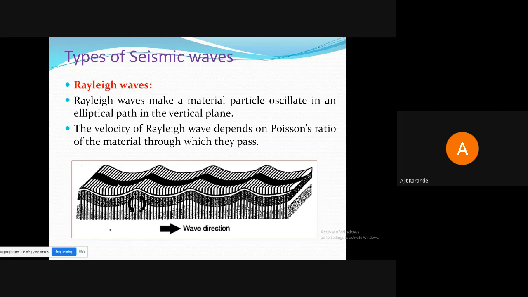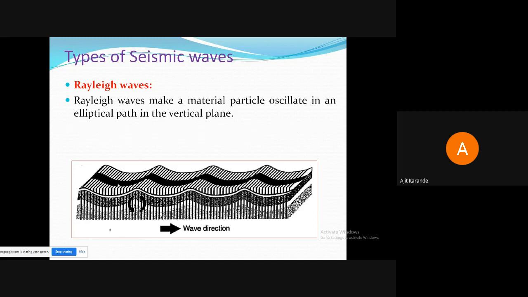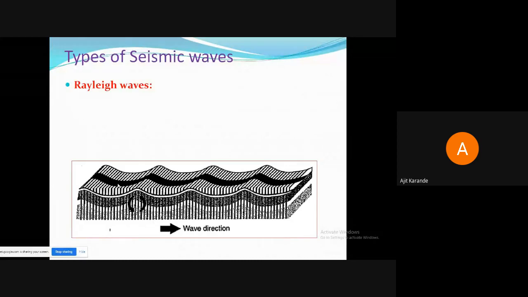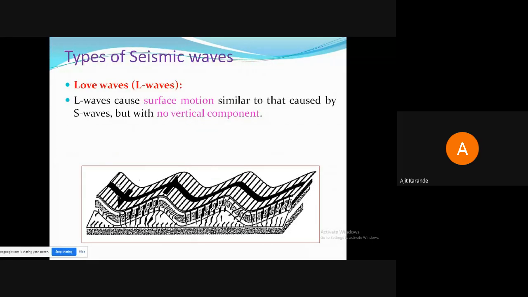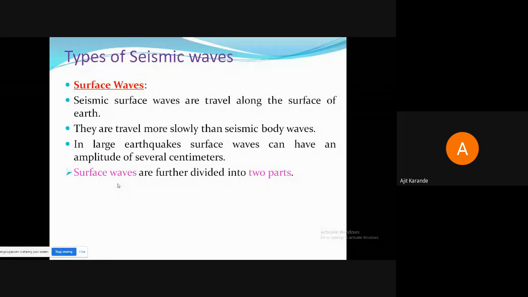Okay, so these are the main four types of seismic waves. The first one is the P waves, the second is the S waves, then Love waves, and the last one is the Rayleigh waves. As we see the movements of the earth in the different cases, there are different properties as well.